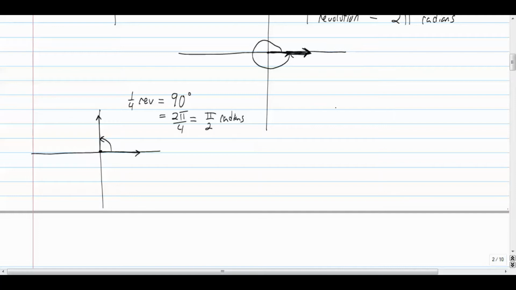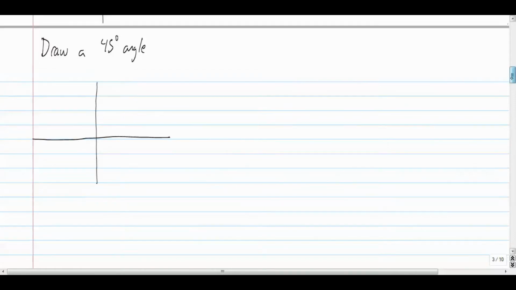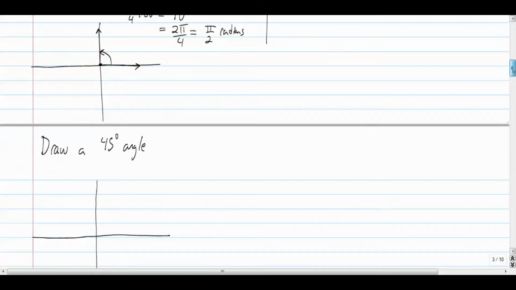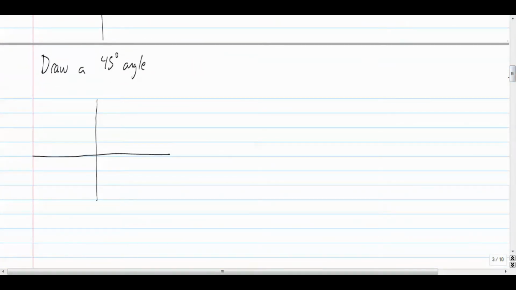So what if I wanted to draw or sketch a 45 degree angle? Okay, let's think about that. Let's think about how 45 is related to what we just drew. How is 45 related to 90? That's half of it, right? So a 45 degree angle measure is going to be half of what the 90 degree angle measure was.